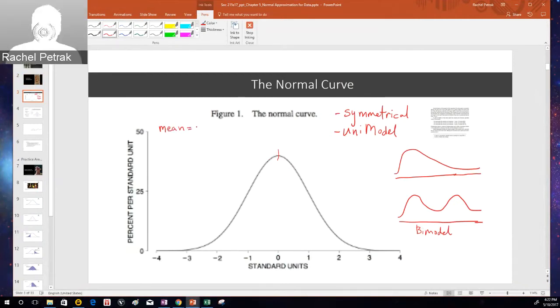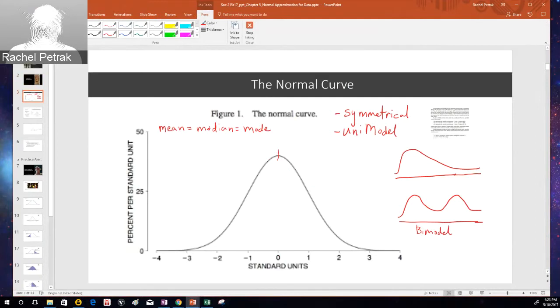So this is another important quality. The mean is equal to the median, which is equal to the mode. As you'll see, when we apply this in actual data and analyses, these only need be approximately equal, as long as they're not significantly different.